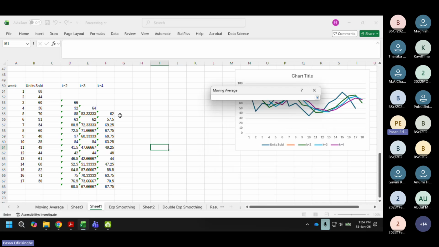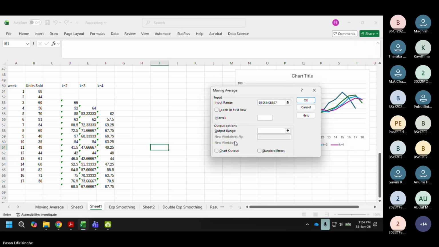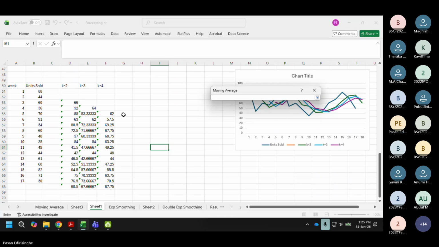You can input your data, and you can define which order you need. I will use k equal 5 here, right? And I will say that the output range is somewhere here.